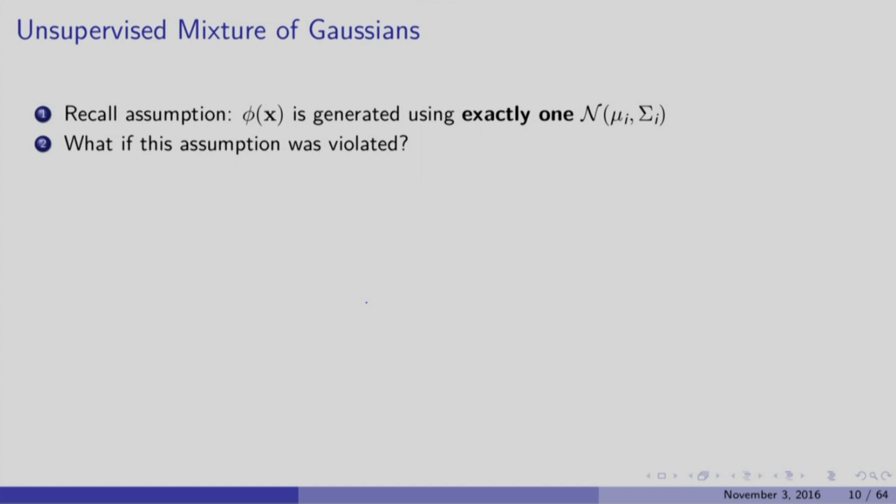Now let us look at a slightly non-trivial case. We have so far assumed that each phi x is generated using exactly one of the multivariate Gaussians. There could be two exceptions to this. One is that the exactly one assumption can be generalized to say k. So the violation could be because phi x could have been generated from multiple classes.